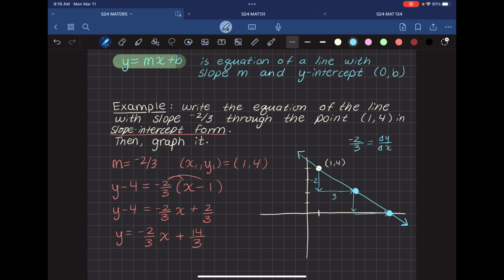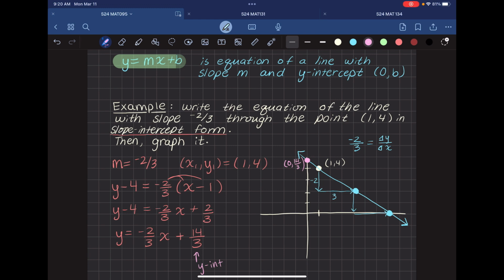Now, I said that there were two ways that we could graph this line. I just did the first one where we took the point and the slope that was given to us, and we graphed the line. The second way that we could do it is by using our slope-intercept form. So we know that 14/3 is going to be our y-intercept, and that ends up being this point right here. We have 0, and then this 14/3.